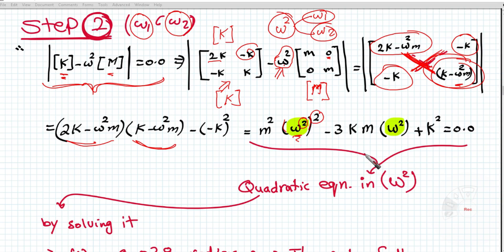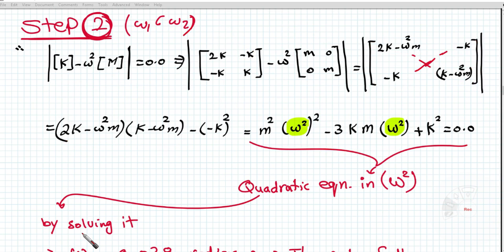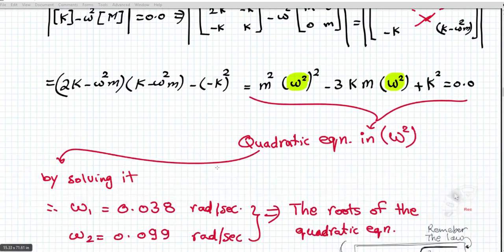This is a quadratic equation in omega squared, and we can solve it. Let's see how we can solve it.